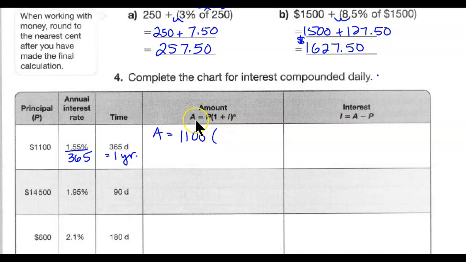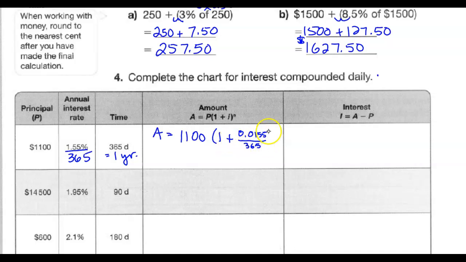So easiest way, obviously we can't put a percent in, we'll use the decimal form, but we can do it all at once in our formula rather than calculating, because you don't want to round. Okay, so whatever you do, don't round until the end. So I would probably show it as the decimal form of that percent over 365.